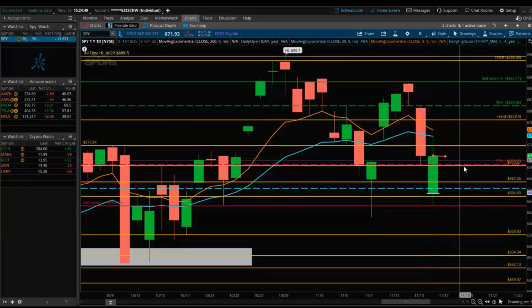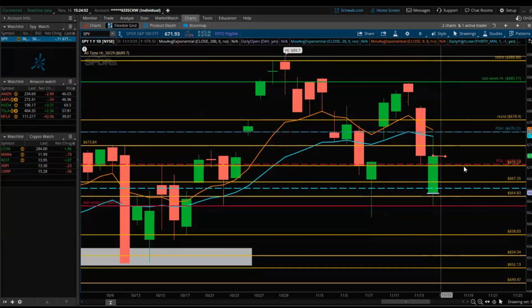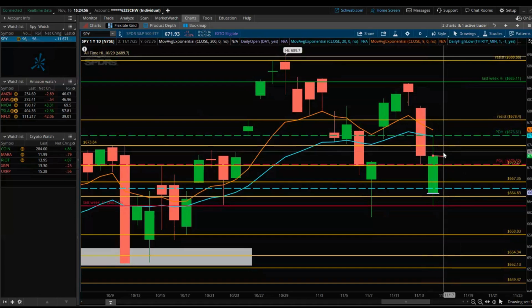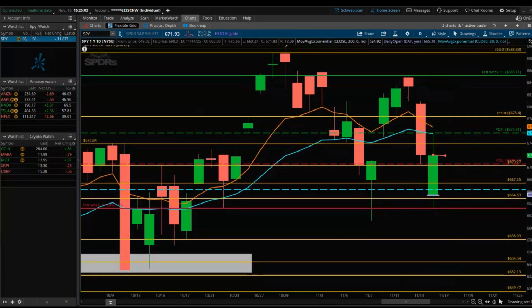As I put in the daily high, this dotted line right here goes right to here for the last daily candle. These will have to be changed every day because every day is going to be 5 days of trading next week. Now I put in this. As you notice, that's the same as last week's low.